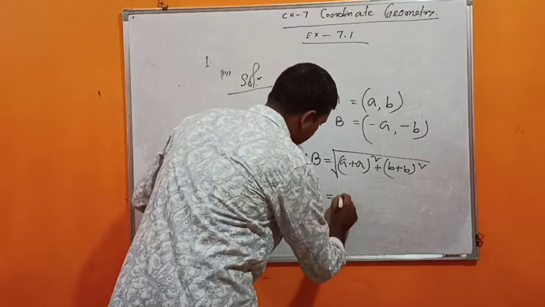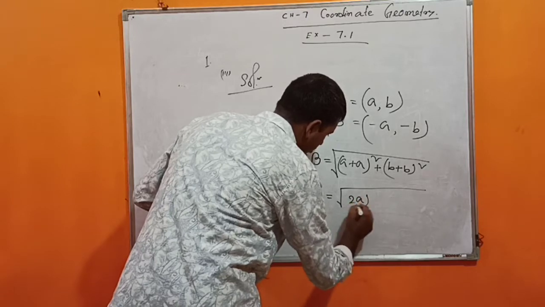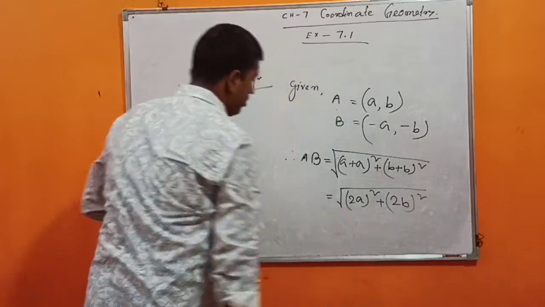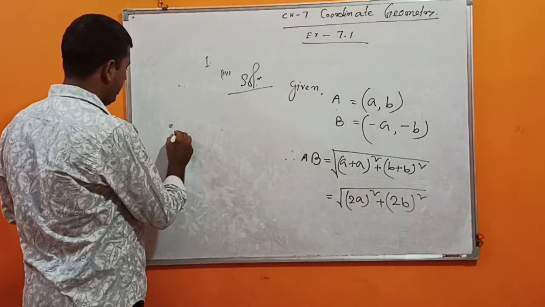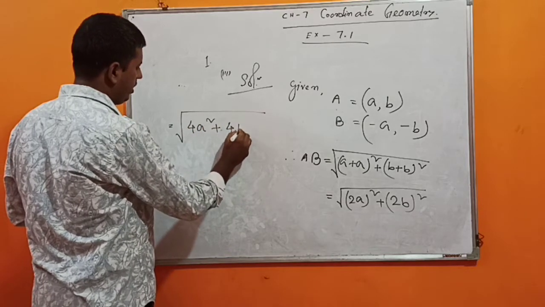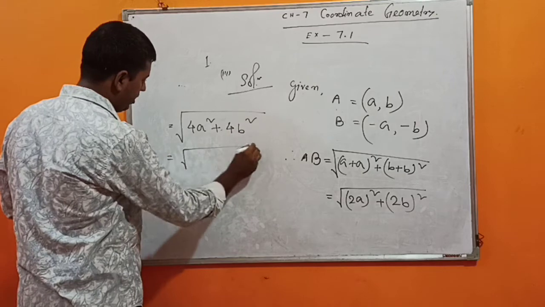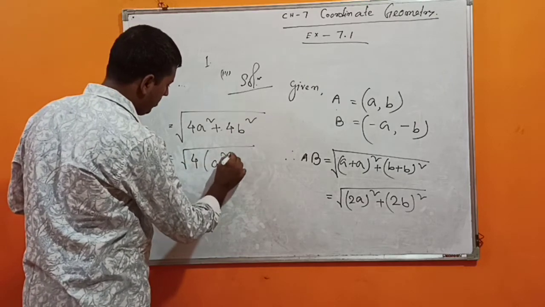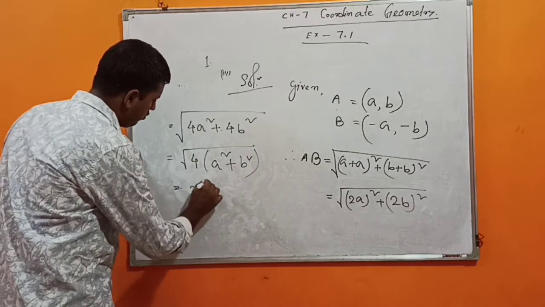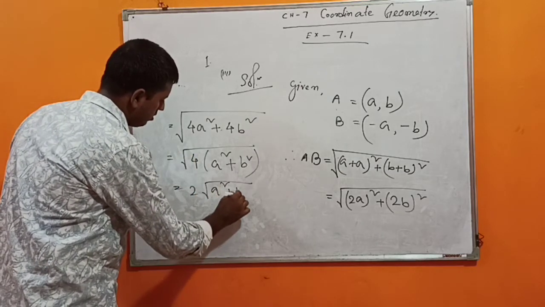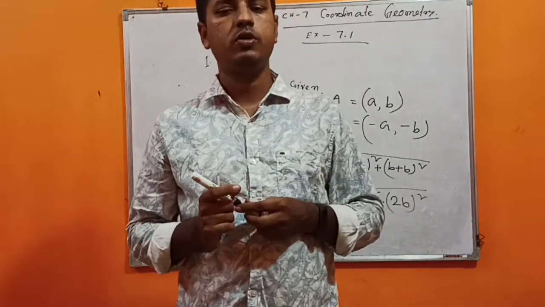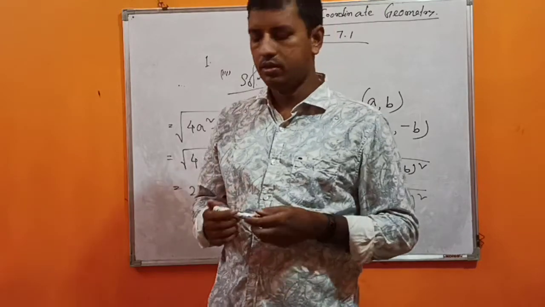So A plus A can be written as (2A) whole square plus (2B) whole square, which is root over 4A square plus 4B square. 4 will be taken common, 4 into (A square plus B square). Taking root of 4 as 2, that is 2 root A square plus B square. So the distance between the 2 points (A, B) and (minus A, minus B) will be 2 root A square plus B square.